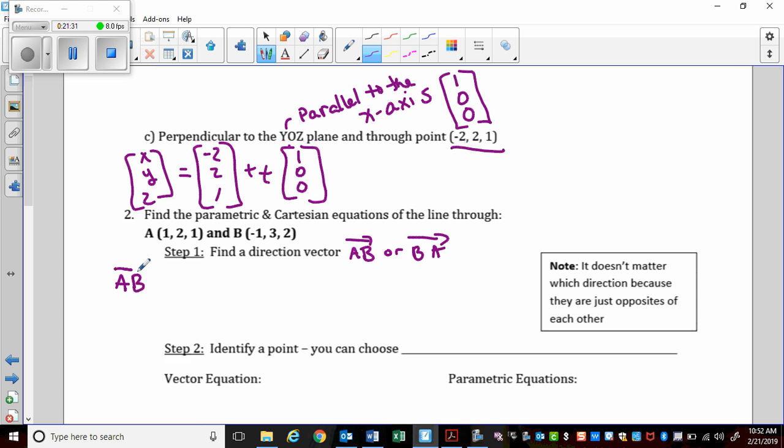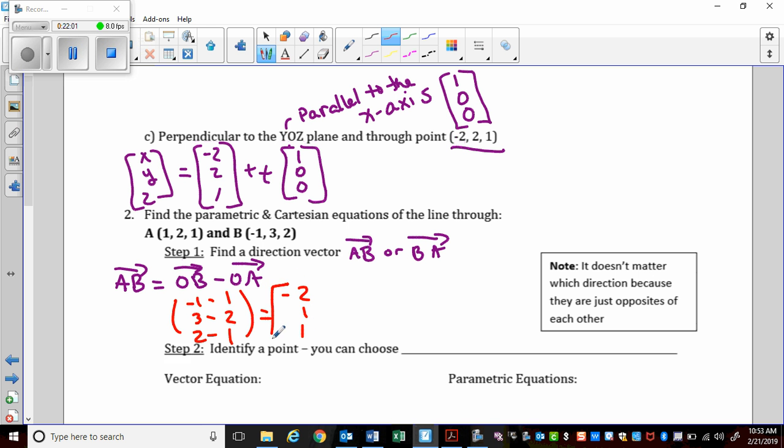Remember, AB is B minus A. Just remember that. So we need to find B minus A. I'm going to start with -1, 3, 2, and subtract 1, 2, 1. This gives me -2, 1, and 1. Make sure this is AB.